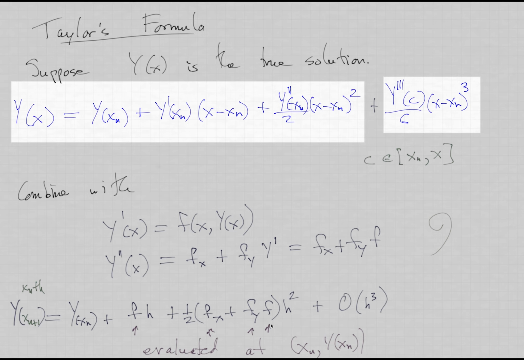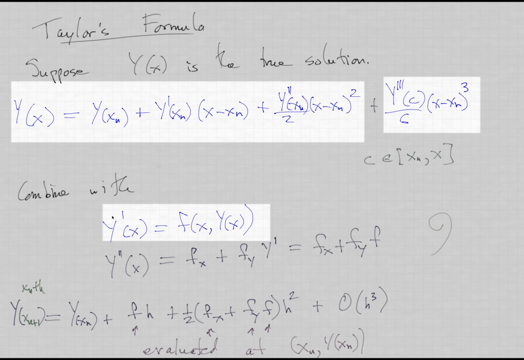Okay. So now we're going to combine this Taylor formula with the fact that y prime is equal to f, right? In the ODE, y prime is given by the function f. And so if we have the exact solution, then y prime will be simply equal to f of x, y of x, right, evaluated at the point of the solution y.